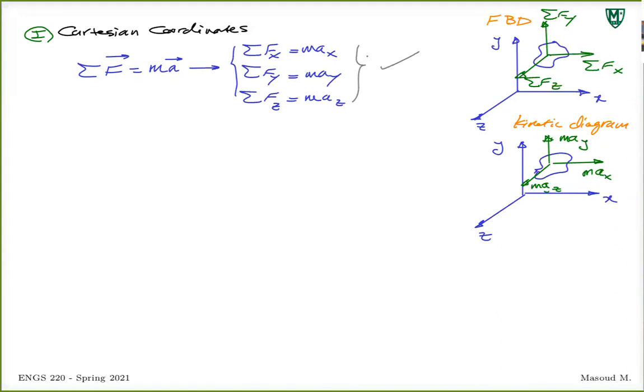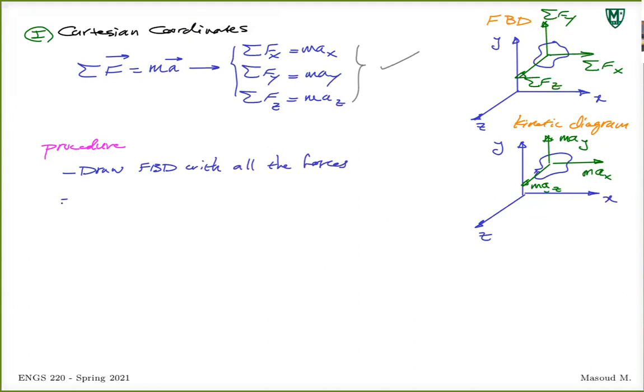So here is the process. You draw the free body diagram. Think about all those forces. Right, so let me break it down here for precision. Draw the free body diagram with all the forces.